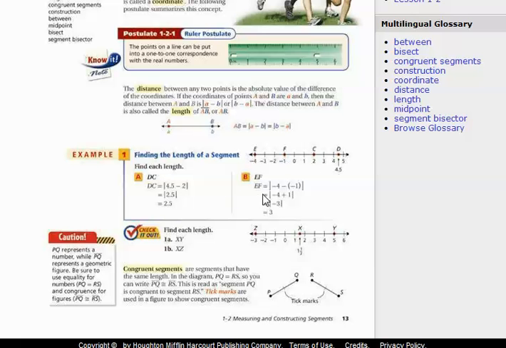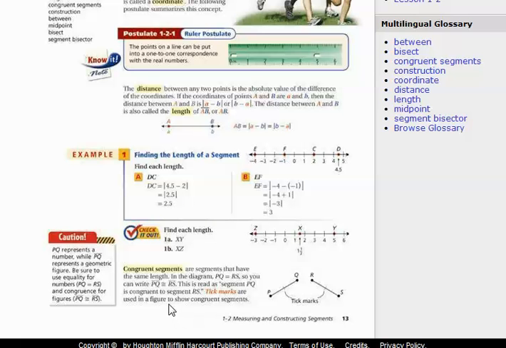Sometimes it's easy, like the distance between E and F. You can almost just count the number of units over, and you get 3. Another way to do it is to subtract the numbers and take the absolute value, which just means your distance is always going to be positive. You have a couple of examples here as well.